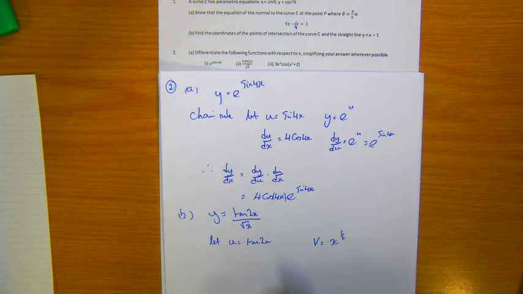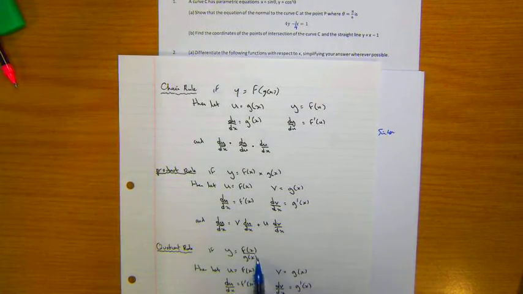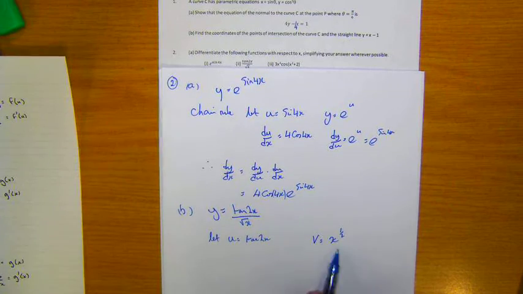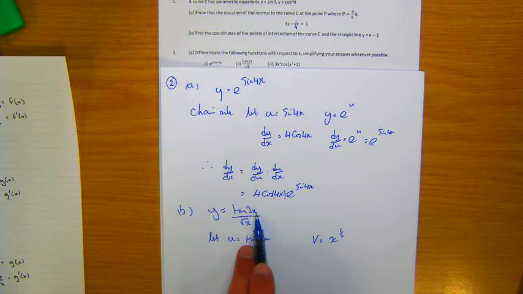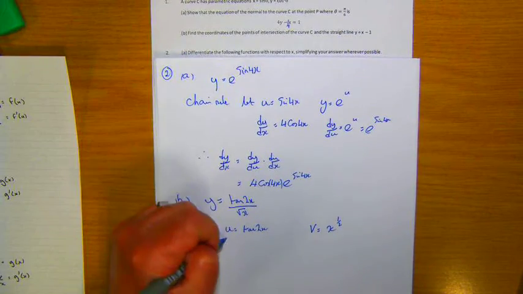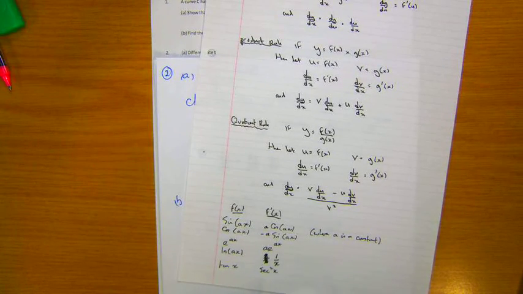And it's not x to the power of minus a half, because you're just pulling the bottom term from the fraction. It would be to the minus a half if you wanted to write it as a product and use the product rule. So now we're going to do du dx. When you differentiate tan, you get sec squared.